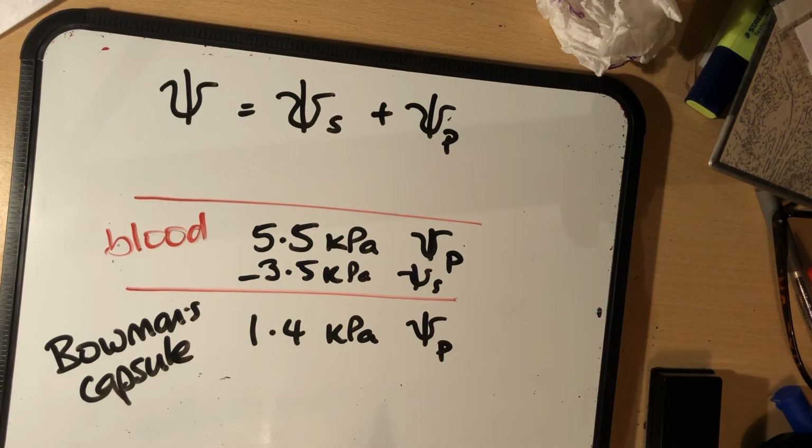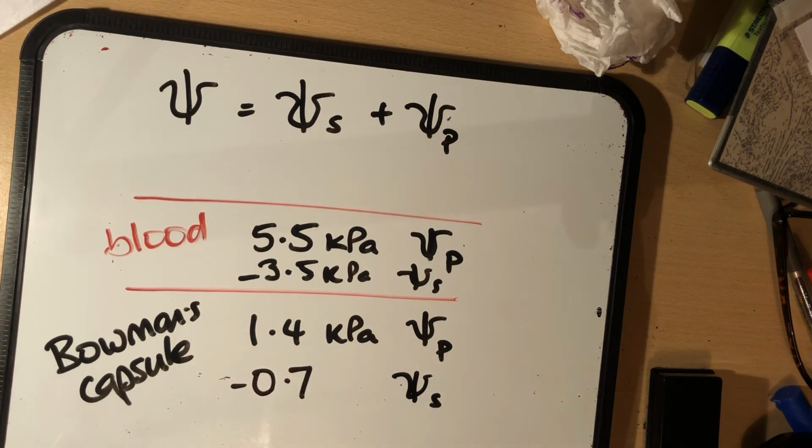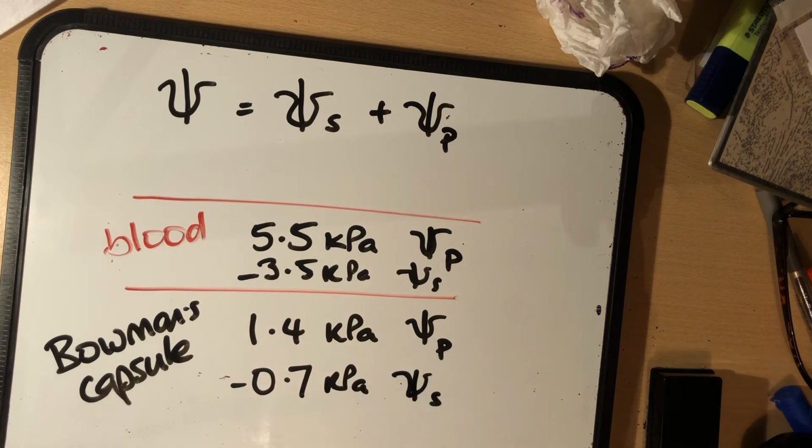Bowman's capsule doesn't have proteins. Yes, it does have things like glucose, but it doesn't have all the proteins and all the stuff that the blood has. So the solute potential in the Bowman's capsule is going to be much higher, much closer to 0, and your textbook gives it a figure of minus 0.7 kilopascals.